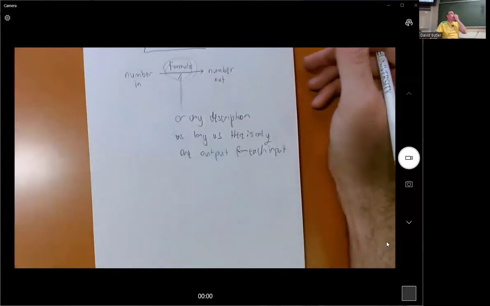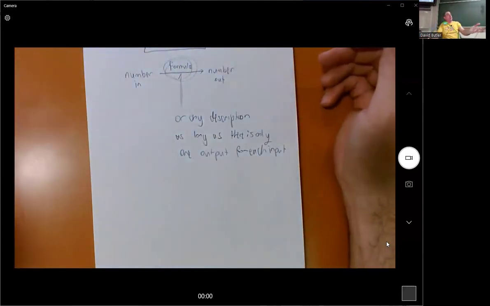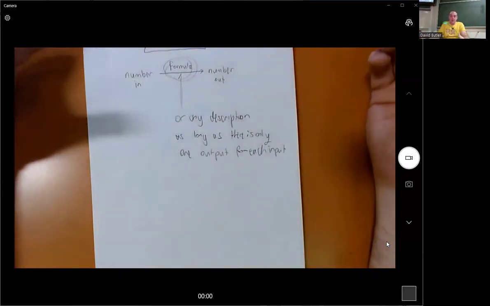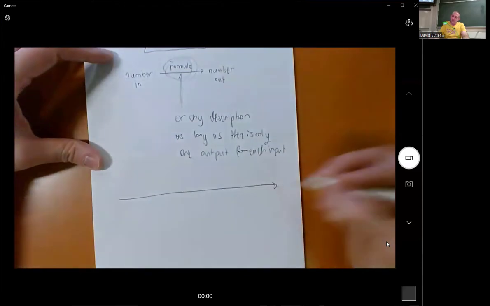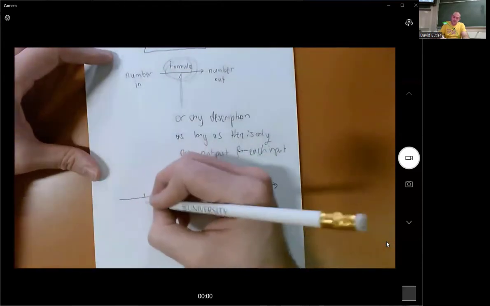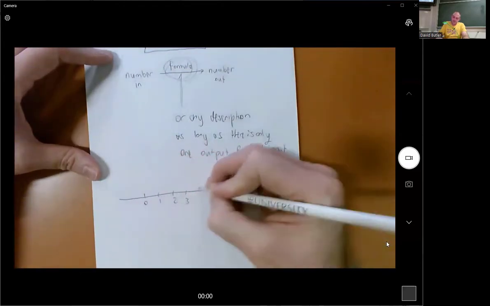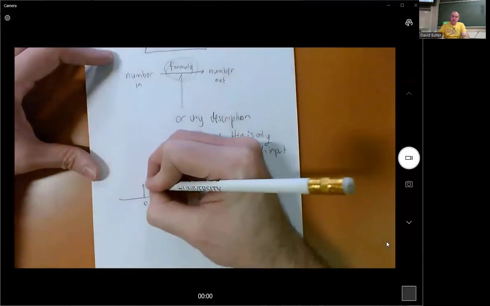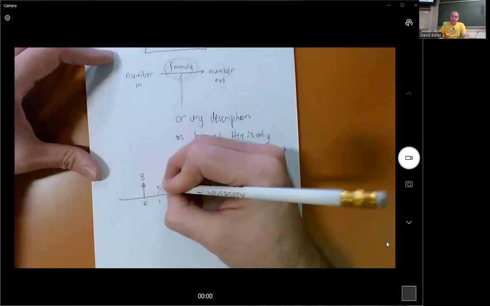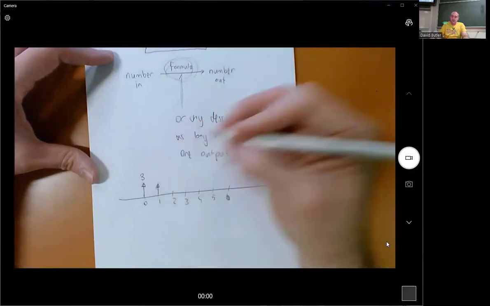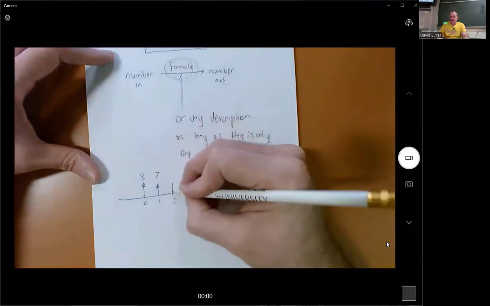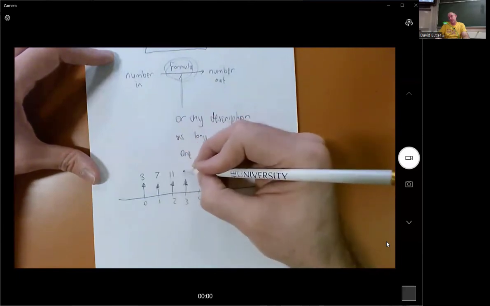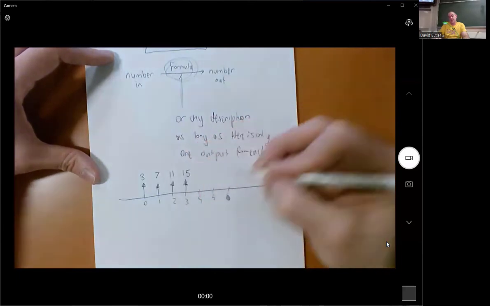So usually we do functions on numbers, and every number has an answer that comes out. So I could, for example, draw a number line. And then I could say, well, this 0 is going to produce the number 3, and this is going to produce the number 7, and this is going to produce the number 11, and this one's going to produce the number 15.